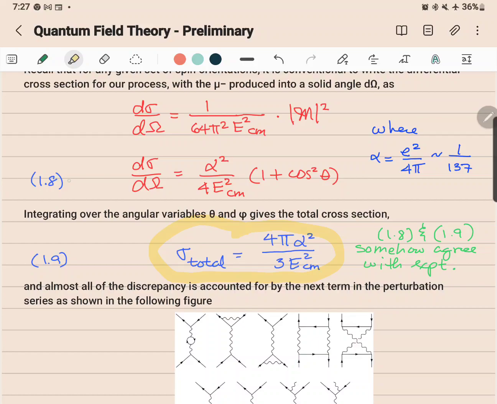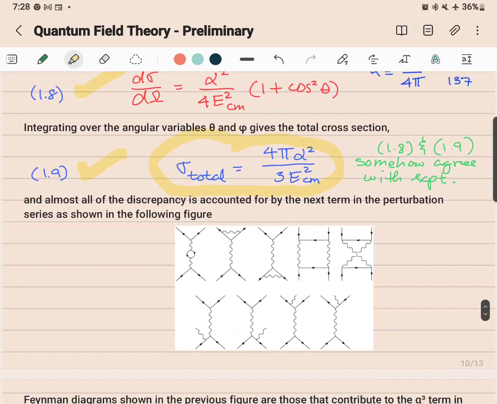By the way, these two agree somewhat with the experiment, but there is a slight difference, and these slight differences are accounted for by the next terms in the perturbation, and the next term is actually represented by 9 Feynman diagrams here.